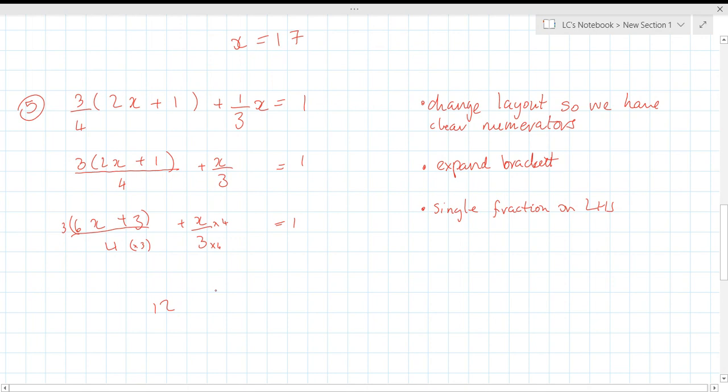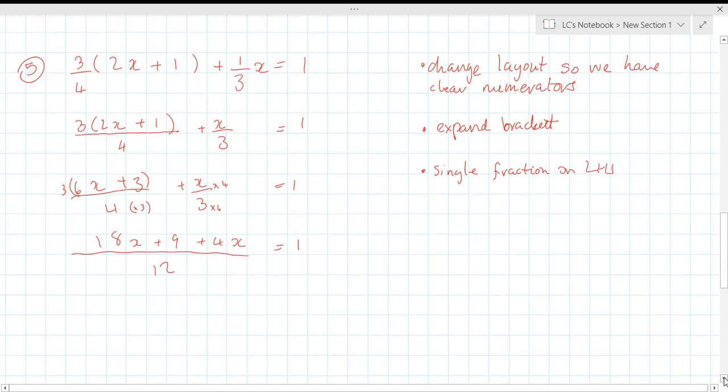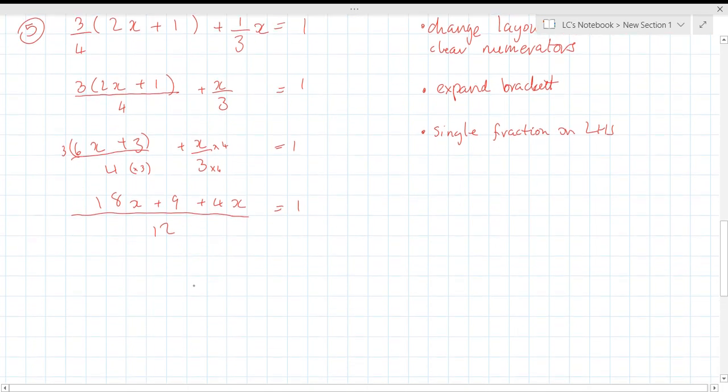So what's this top line going to look like? It is going to look like 18x plus 9 plus 4x is equal to 1. Just going to tidy that up so it's nice and easy to work with. We want to work with the simplest expressions possible. So that's going to be 9 plus 22x over 12 is equal to 1.